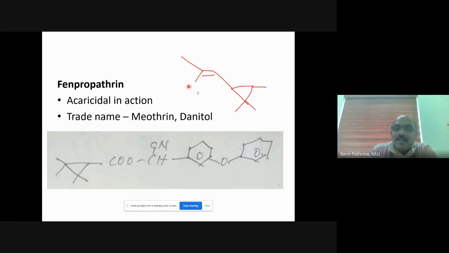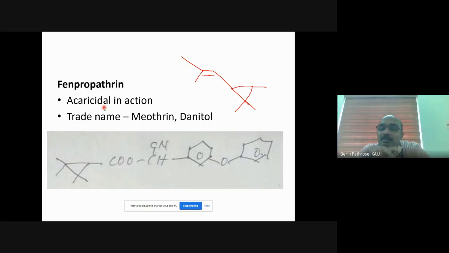This entire part is removed. So first scientists started working on the alcohol part, then slowly scientists started working on the acid part. So in fenpropathrin, the phenoxyphenyl ring is the alcohol part, there is a change, and the acid part also is changed.